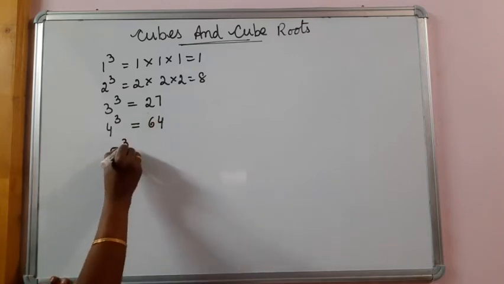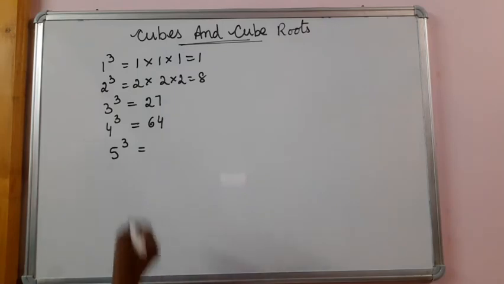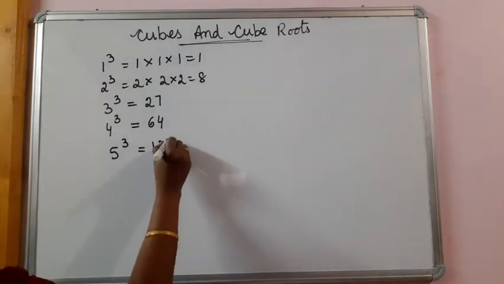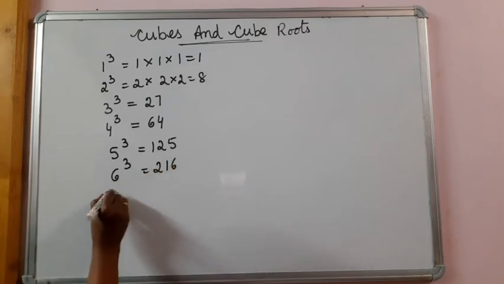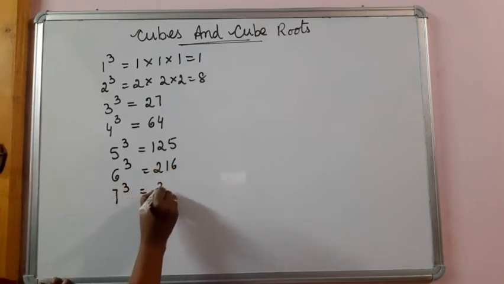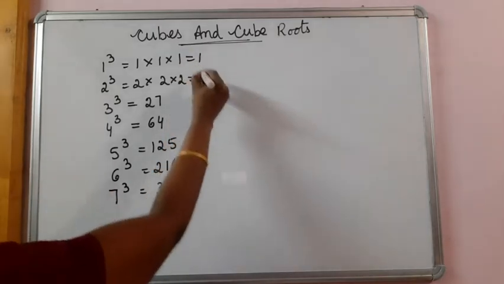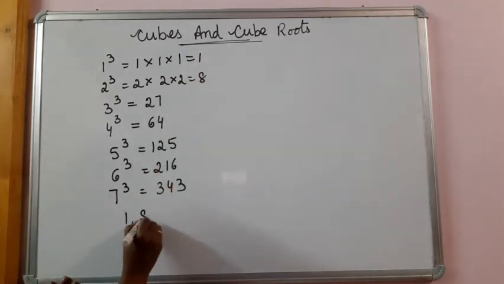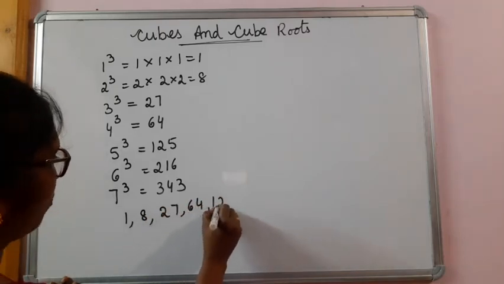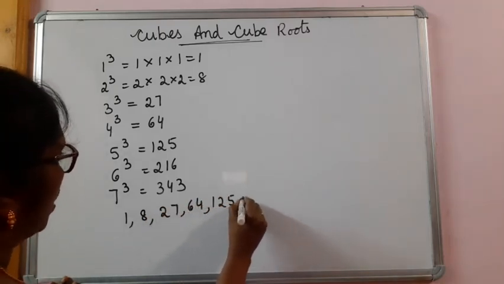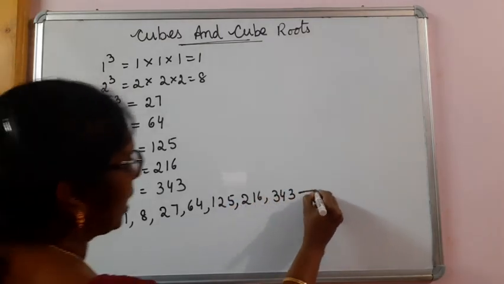If you multiply 5 three times, 5 cube means 5 into 5 into 5, we get 125. 6 cube is 216, 7 cube is 343, and so on.